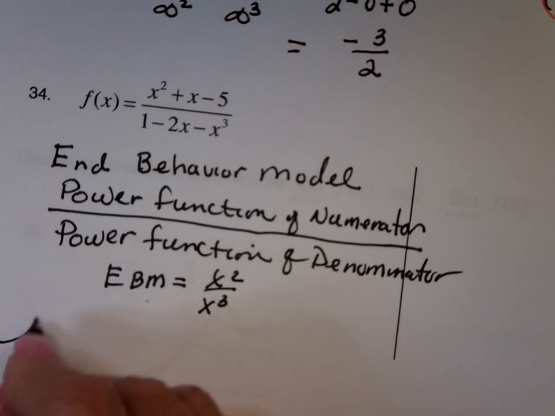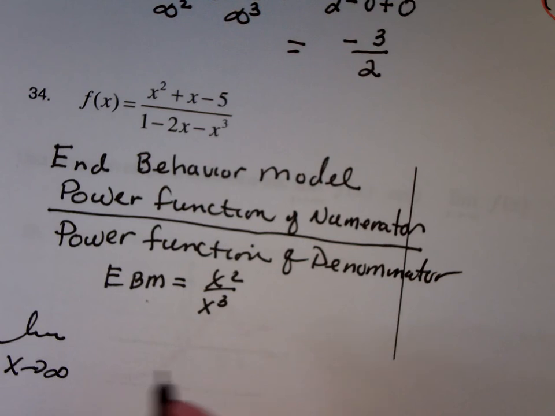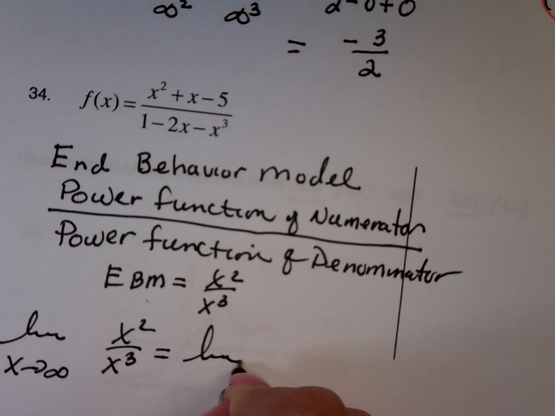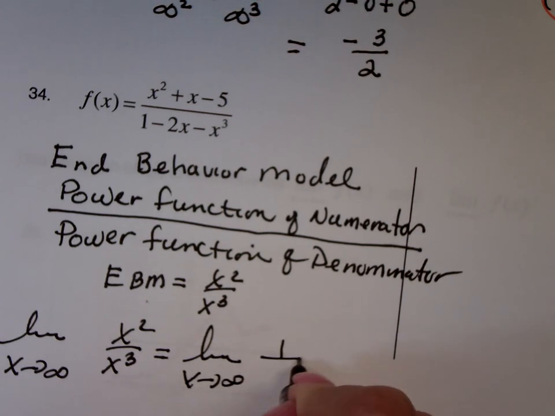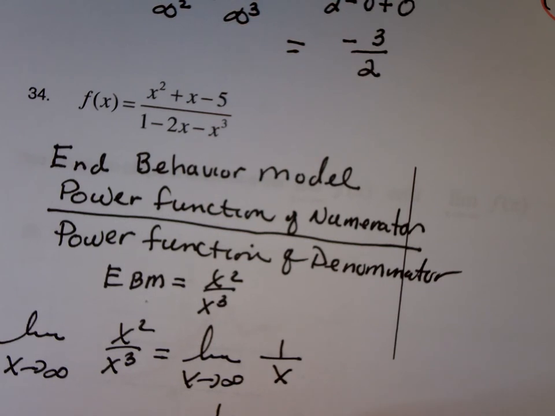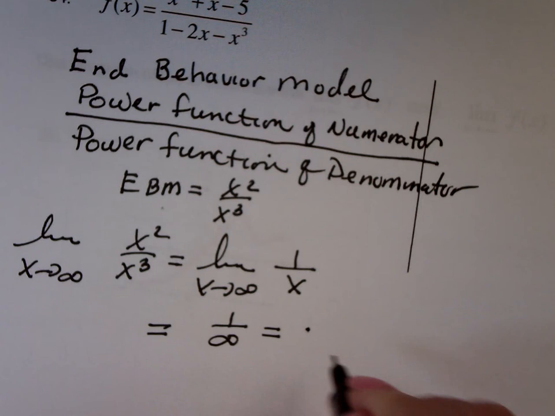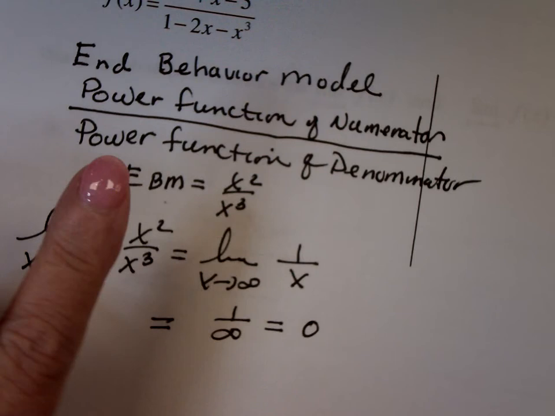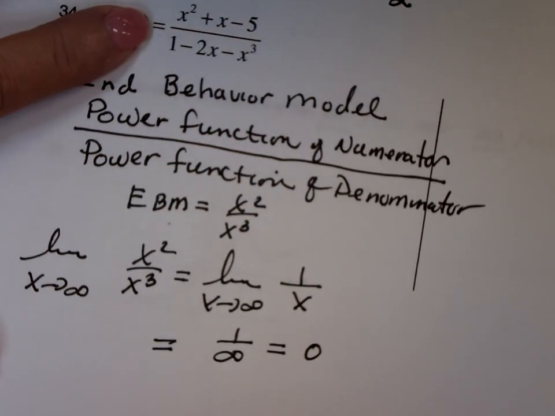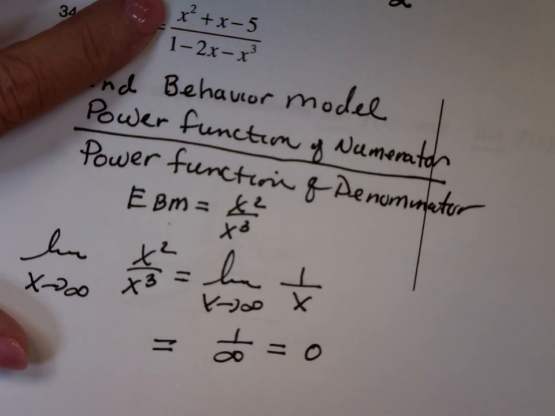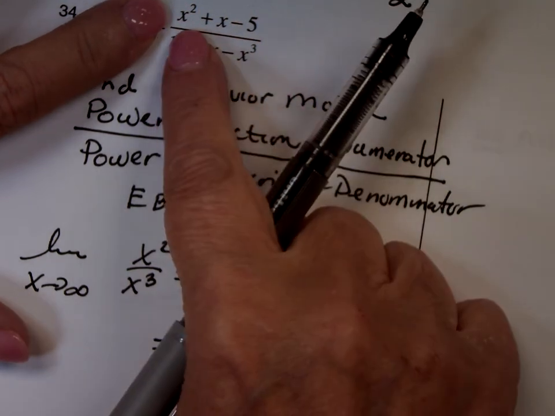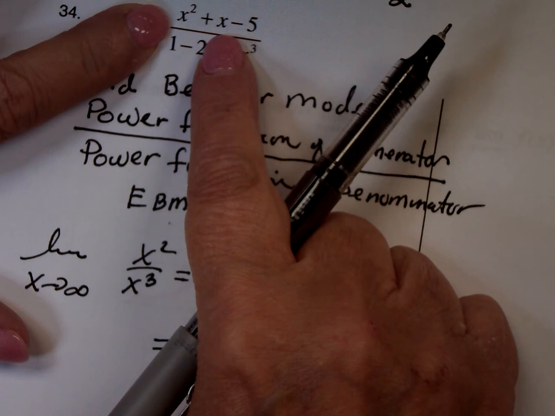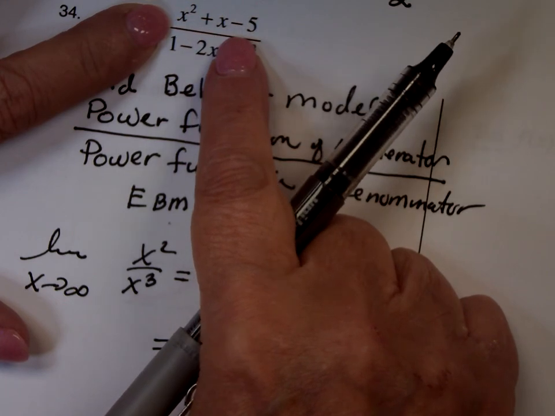So if I want to take the limit as x goes to infinity of x squared over x cubed, this becomes the limit as x goes to infinity of 1 over x, which is 1 over infinity or 0. I would get that same impact of essentially 1 over x if I were to divide the numerator by x cubed. What would I get? I'd get 1 over x plus 1 over x squared minus 5 over x cubed.